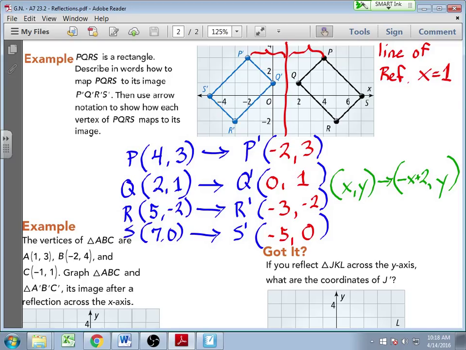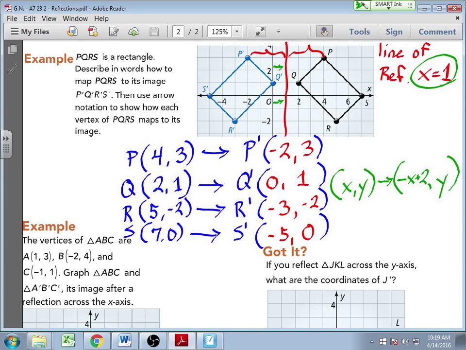Where does that come from and why? Well, how far away is my line of reflection from just being the axis? From being at the axis, how far away is my line of reflection? It's 1 away, right? My x equals 1. But when you reflect that distance of 1, it kind of gets doubled, in a way.